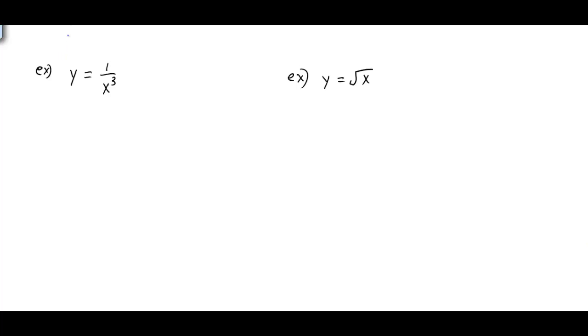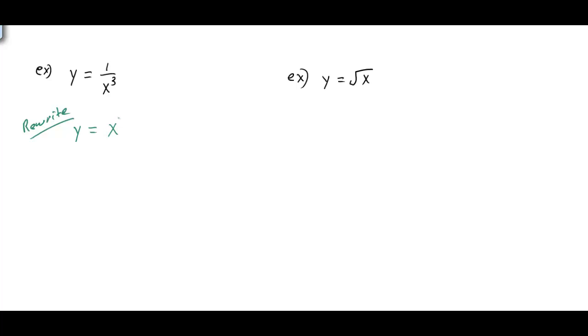Okay, now, what if we look at this next example, y equals 1 over x cubed, and we're trying to find the derivative? Well, the first step here is to rewrite the problem. We could rewrite this by moving the x cubed to the top, which is kind of the opposite of what we normally do.